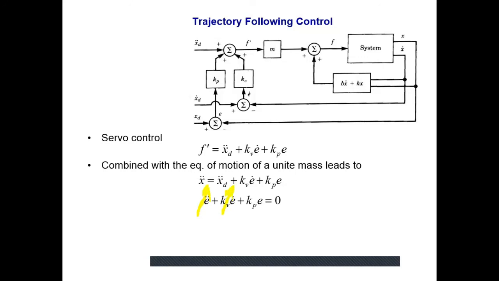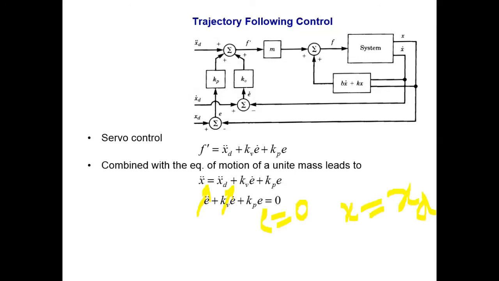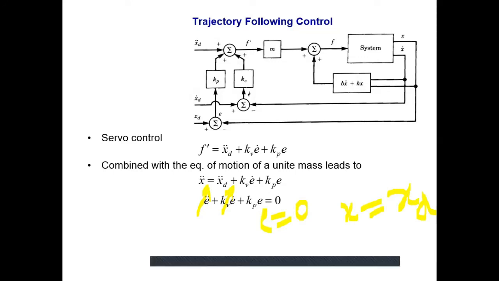So we will get kp e is equal to 0. That means e is equal to 0. So at the steady state, x will exactly be the same as xd. That means the robot end effector will follow the prescribed trajectory. The transient response can be made critically damped if we follow the relation kv is equal to 2 under root kp.